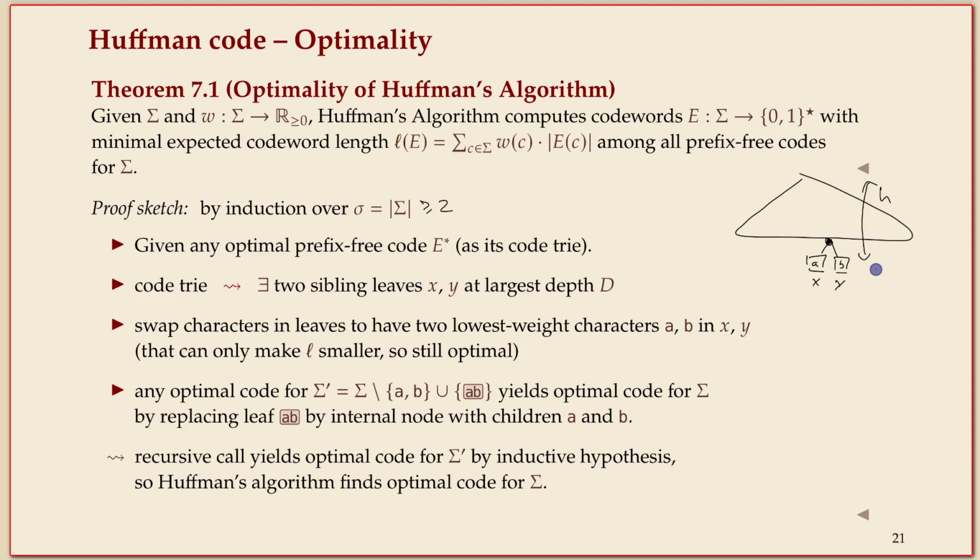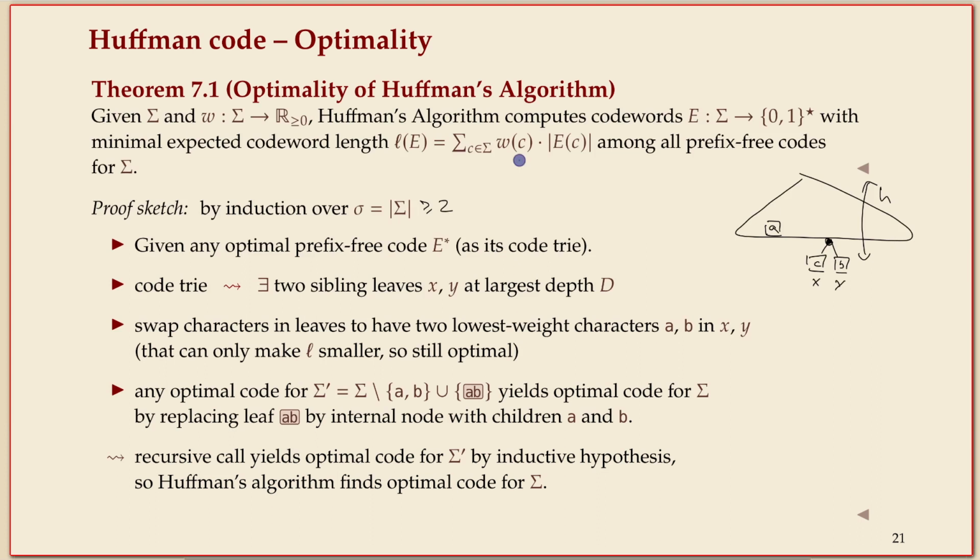If we have some leaf that's further up, and suppose A or B would have been up here, then there would be some other character down there, maybe C, that has larger weight than A. If I keep the rest of the tree the same and swap A and C, what would happen?